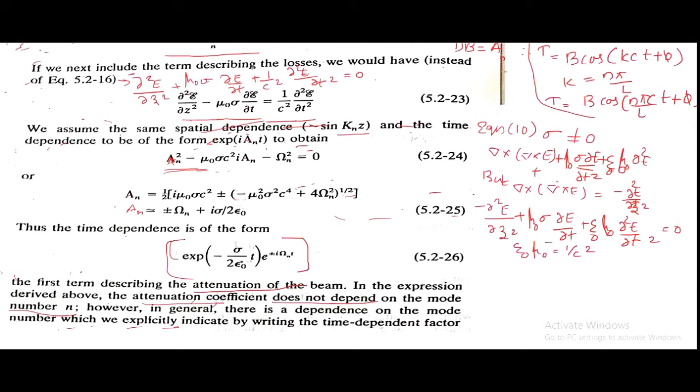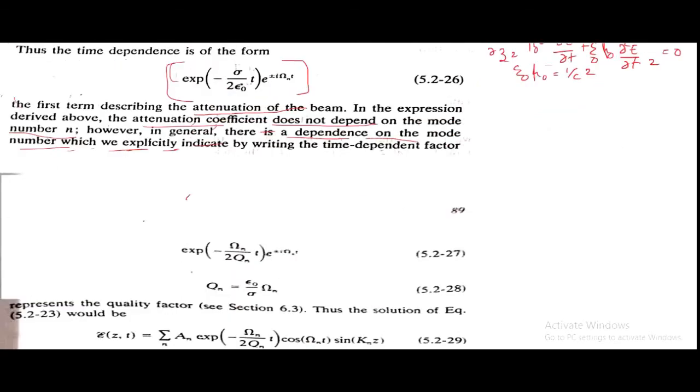but in general there is a dependence on the mode number. We explicitly indicate this by writing the time dependent factor, that is, exponential minus omega_n by 2Q_n t, times e raised to plus or minus i omega_n t.